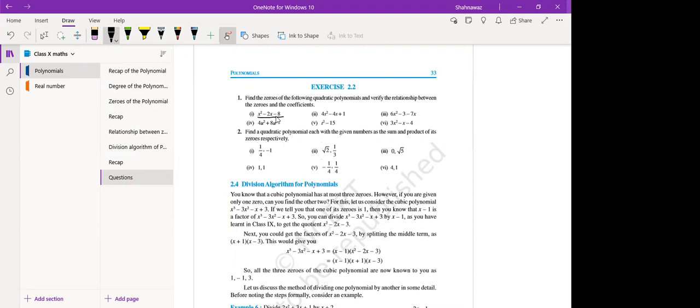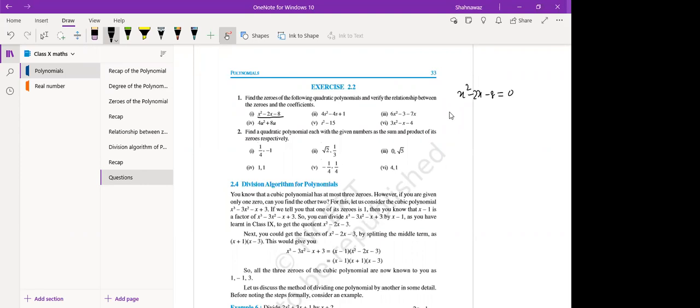Your equation is x square minus 2x minus 8 equals 0. So you tell me what two numbers you will choose to split the middle term.